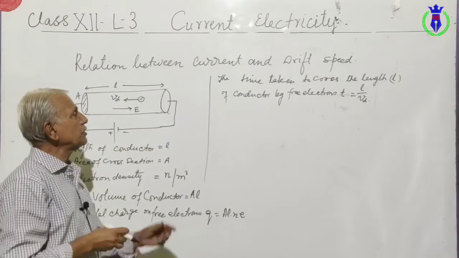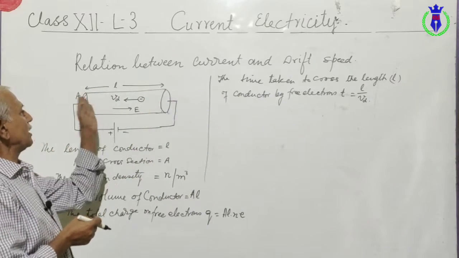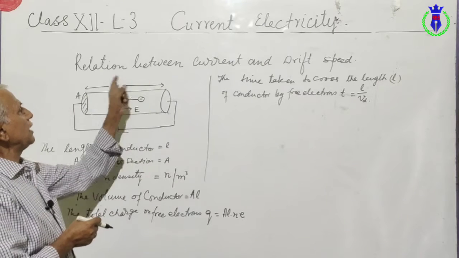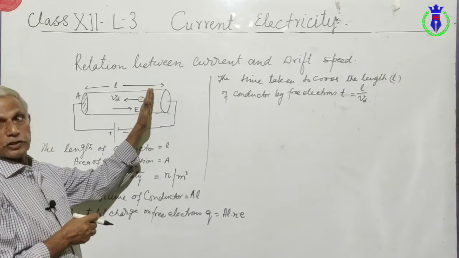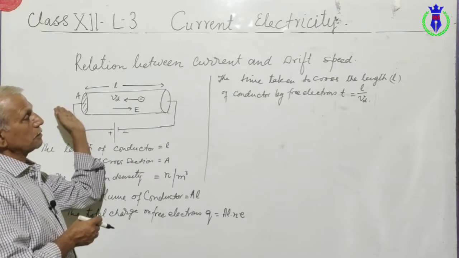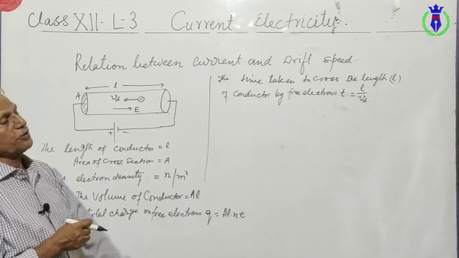The electrons move with the velocity Vd from one end to the other. The total length is L, and therefore the time taken to cross this conductor is L upon Vd.